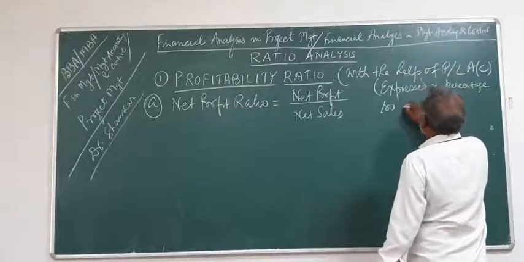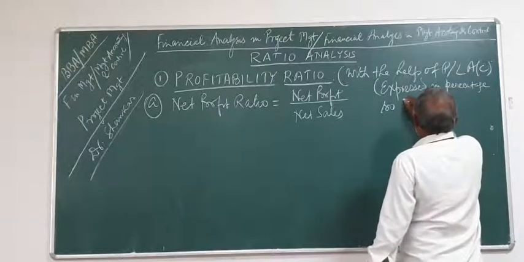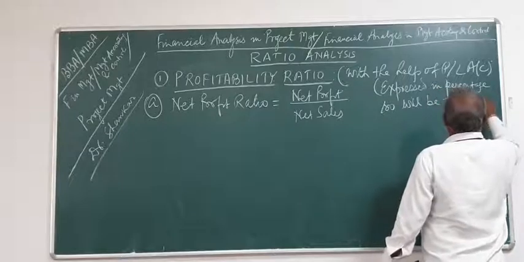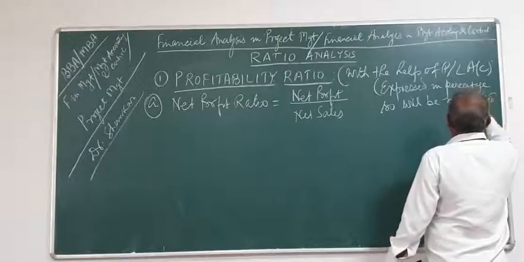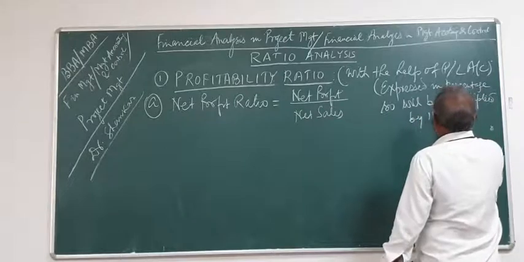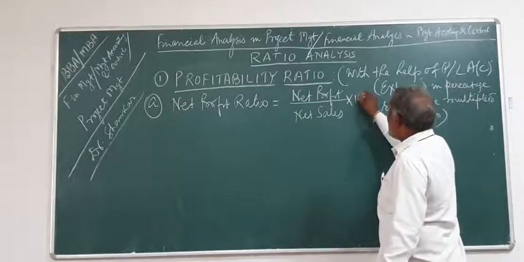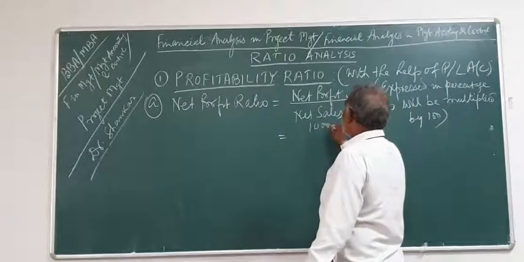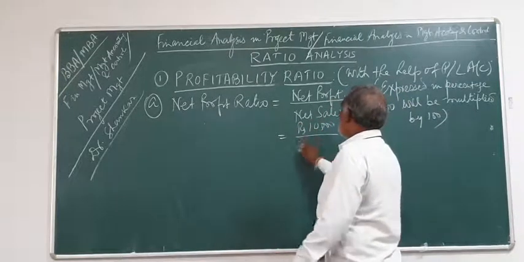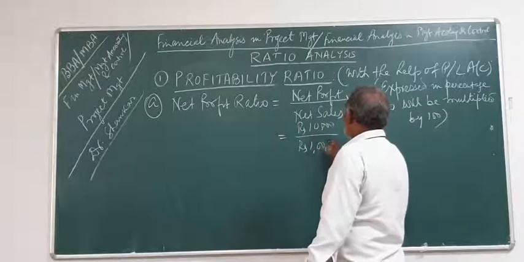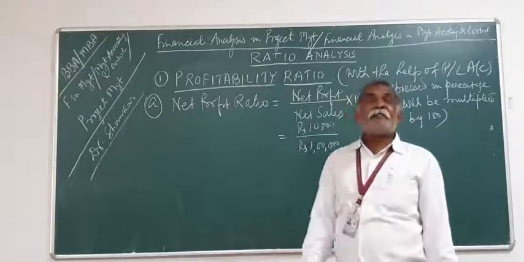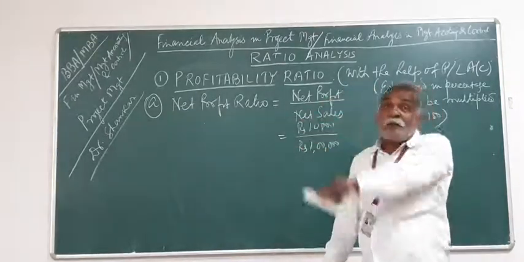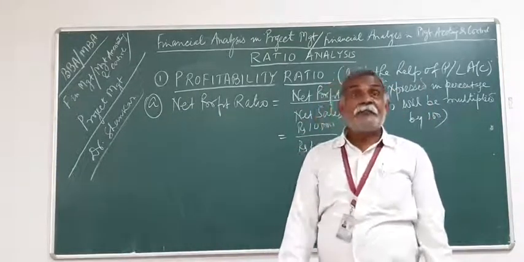So this will be multiplied by 100. Suppose net profit is 10,000 and net sales is 1 lakh. If we do not multiply by 100, it is very difficult to say how much percent.